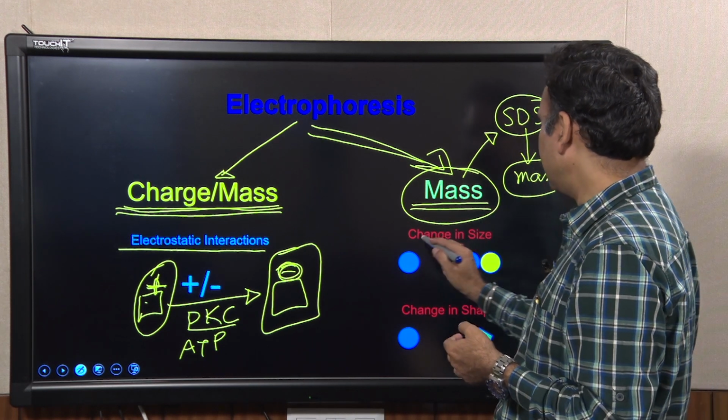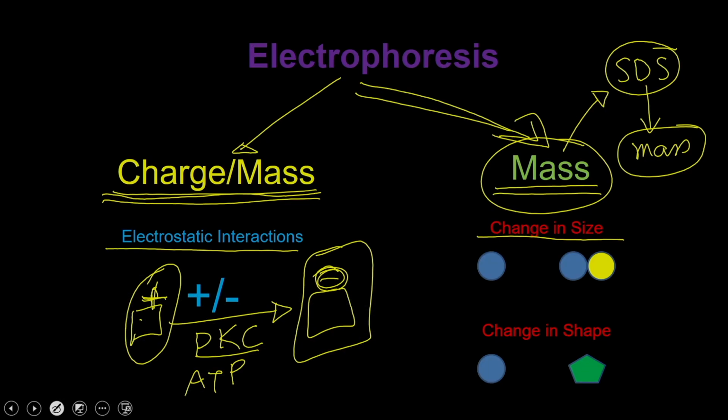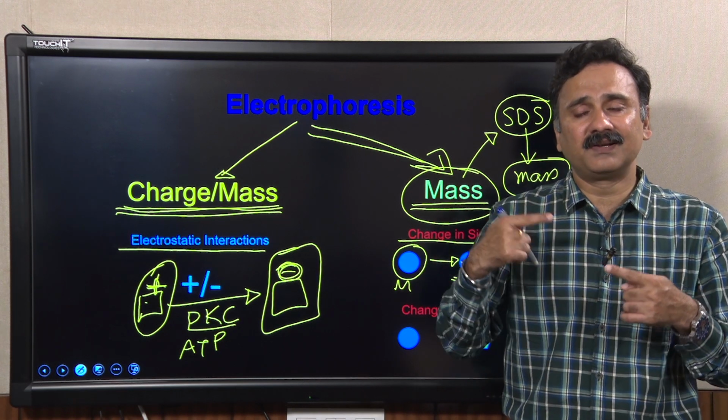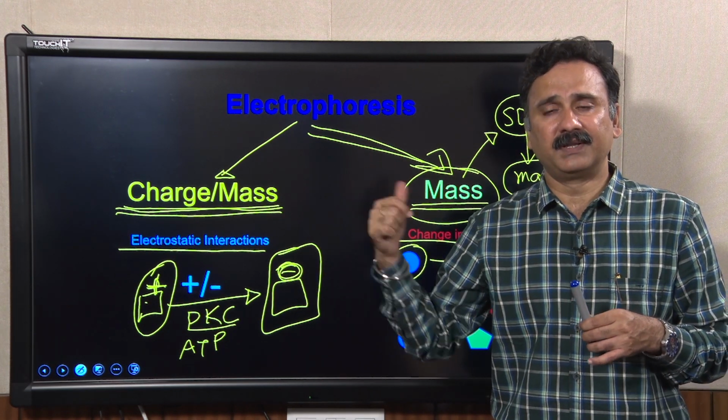We have two examples where it tells you the change in size. For example, if you have a single protein and, after some activity, it acquires additional proteins, or you have a monomer that turns into a dimer, these kinds of questions can be addressed simply by using electrophoresis.